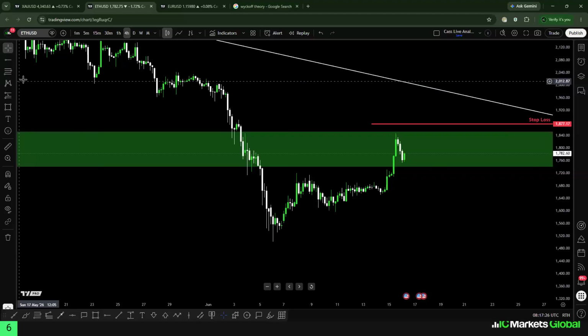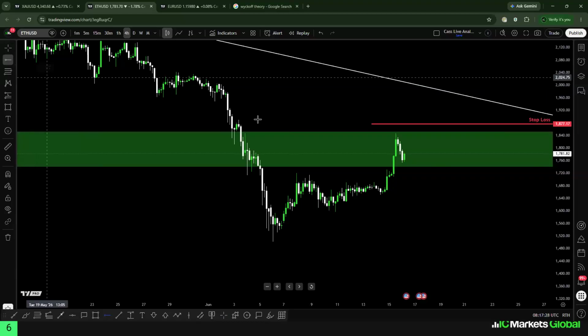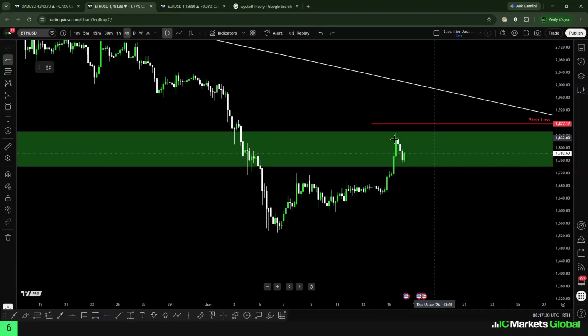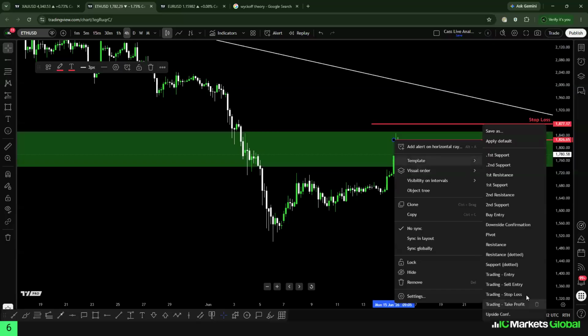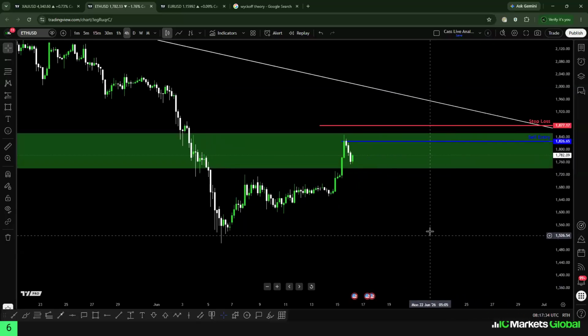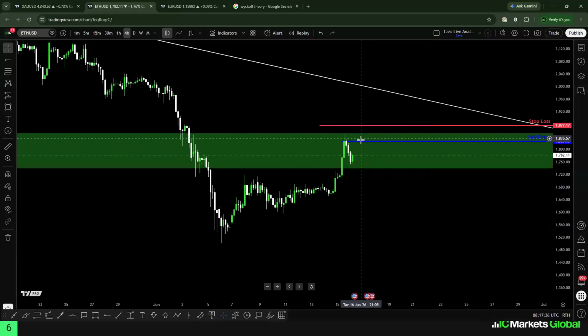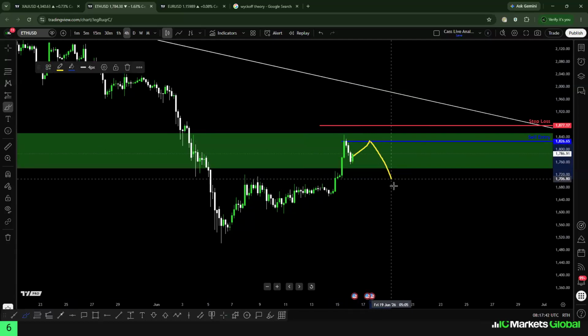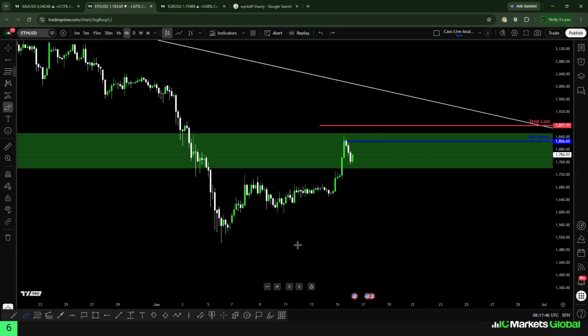My entry right now, if I were to re-enter this trade right now, I'll just aim for the higher part of the green box, hoping price comes back here. I hope price comes back here but misses my stop loss so I can get in for a sell entry. Okay, my take profit is not going to be as ambitious.